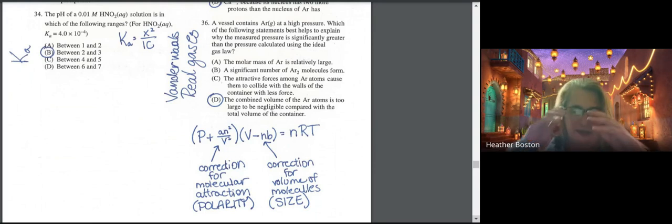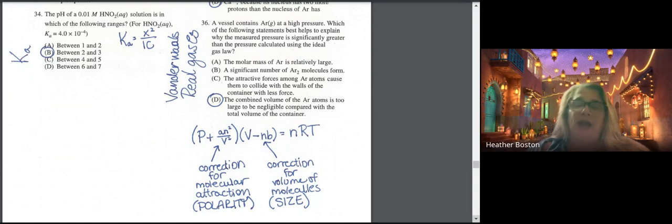When you increase the pressure, the particles get closer together. What that means is the greater the size of the molecule, the more it will behave like a real gas because of the actual volume of the particles and the attraction between the particles. So it has to do with polarity and it has to do with the size of the particles. So when you're talking about which gases will behave most ideally, you're going to look for small nonpolar gases.